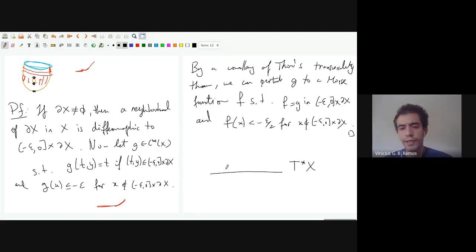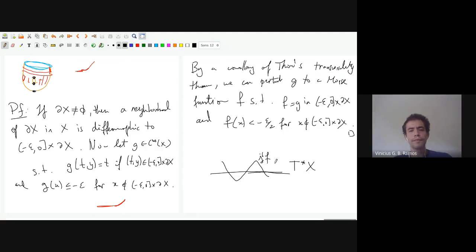A function is Morse if and only if its one jet intersects this zero section transversely. That was an exercise, I can't remember if we did it or not, but I think we did.